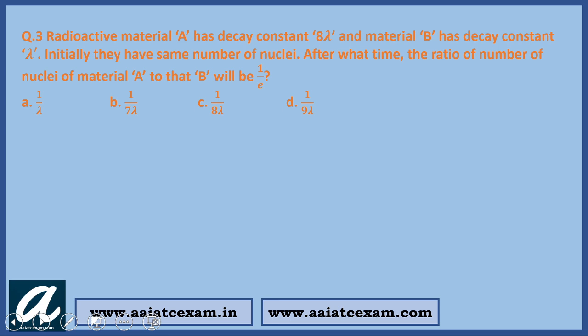Now students, question number 3 is, radioactive material A has decay constant 8 lambda, and material B, there are two different materials. For the material A, lambda, that is decay constant, it is given that it should be equal to 8 lambda.